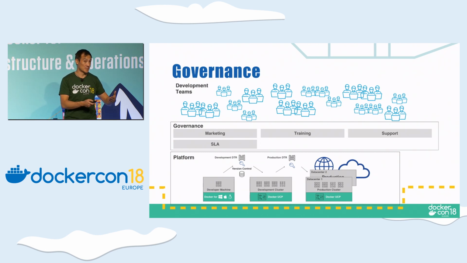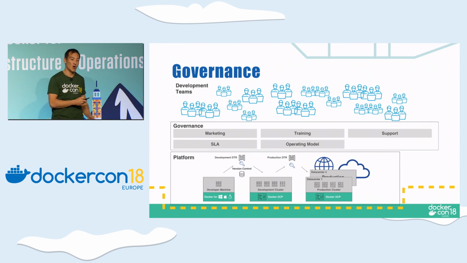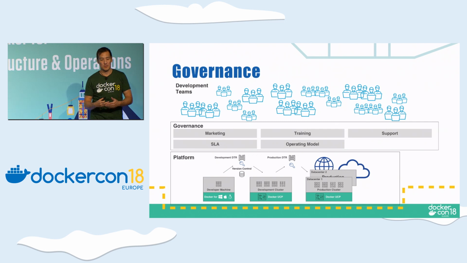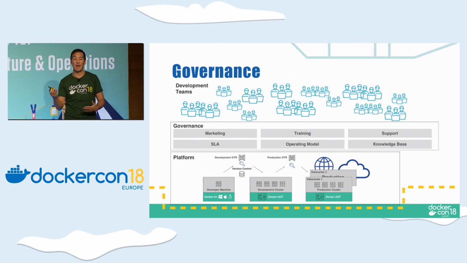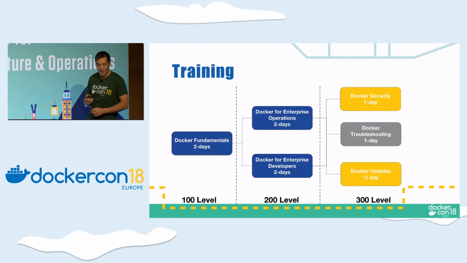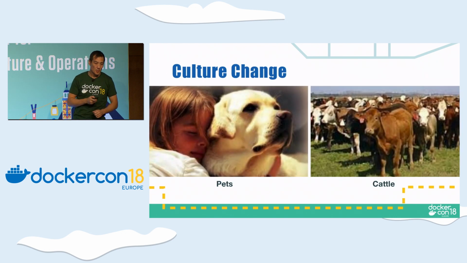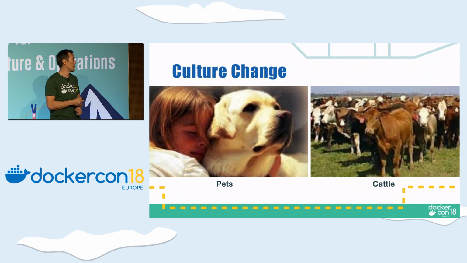They're going to run into problems, so they're going to need somebody to call. They're going to need to know what they need to deliver and what the platform is responsible for. So we got to figure out some operating models, and then even once they've learned all of that, put that into a knowledge base. So on training, Docker offers different training courses. Some of you might have even done that. But beyond training, I want to talk a little bit about culture change.